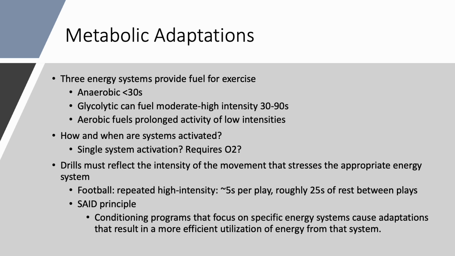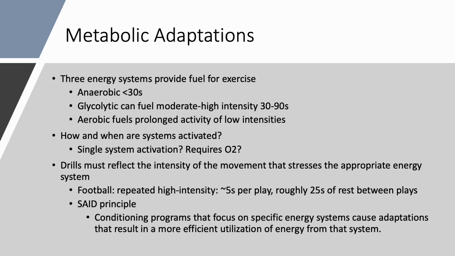And again, this is half of the second system: ATP-PCR and the first pathway of glycolysis, known as fast glycolysis. Hence, they are termed the anaerobic energy systems. The latter energy system does require oxygen, which is termed the aerobic energy system.